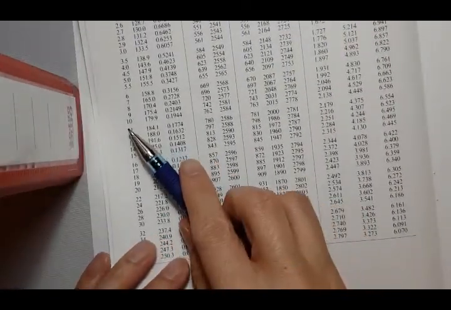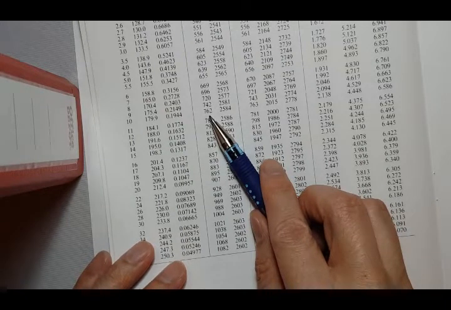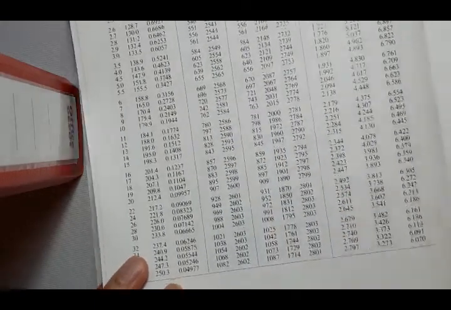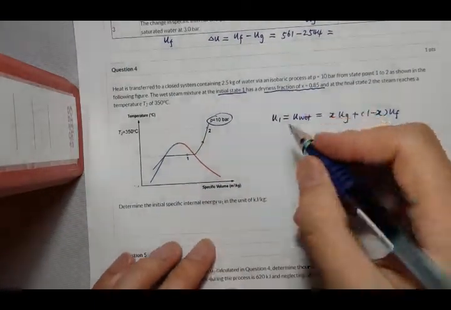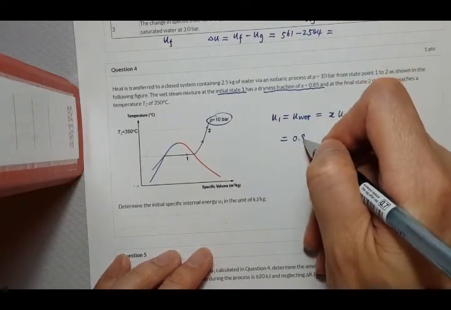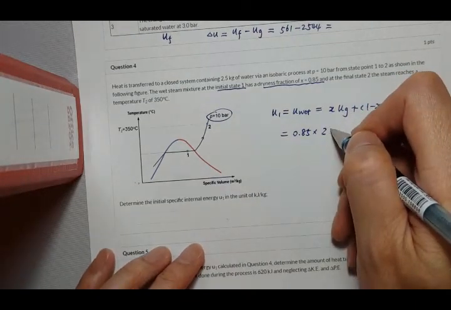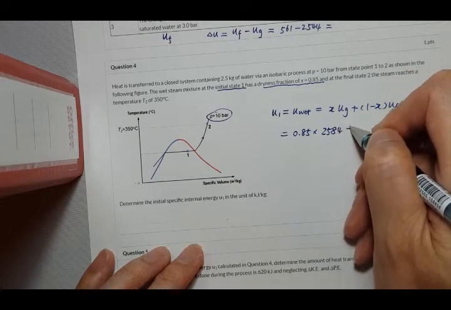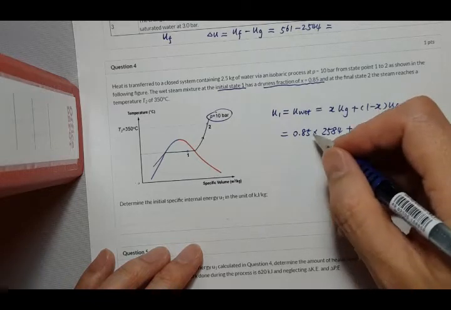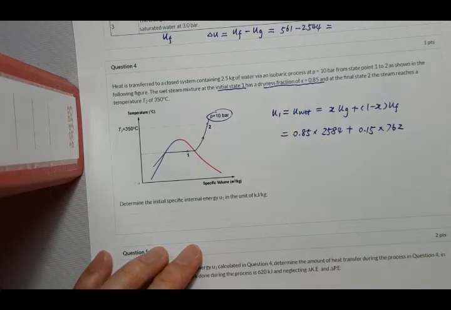So at 10 bar, UF is 762 and UG is 2584. Okay, so just put all the values inside this equation. x is 0.85 times UG 2584, add 0.15, so 1 minus 0.85, times UF which is 762.